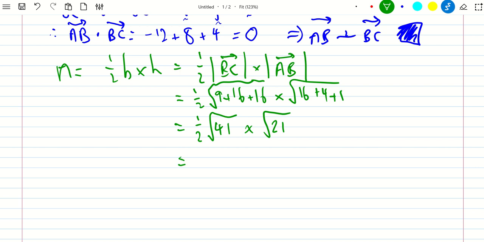What's 41 times 21? I'm just going to quickly consult my calculator rather than doing it on screen. 41 times 21.